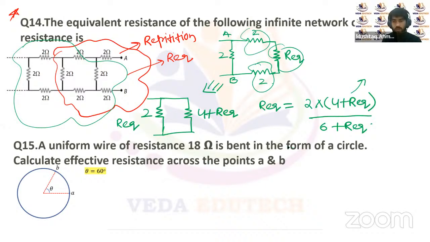So what we can do here is solve the quadratic equation. It will be R squared plus 6R equal to 8 plus 2R.